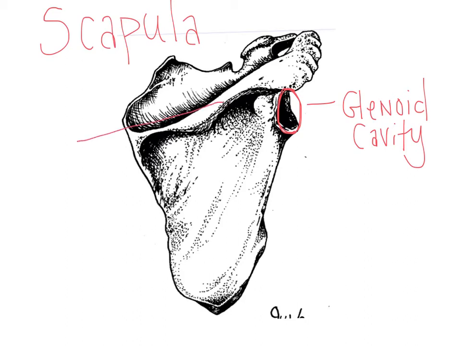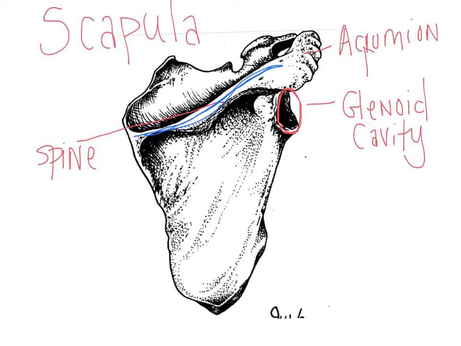This whole area is known as the spine of the scapula. So again, I'm going to outline it in blue. It's this whole little ridge that you see going up in there. That would be your spine. This little projection is your acromion process.